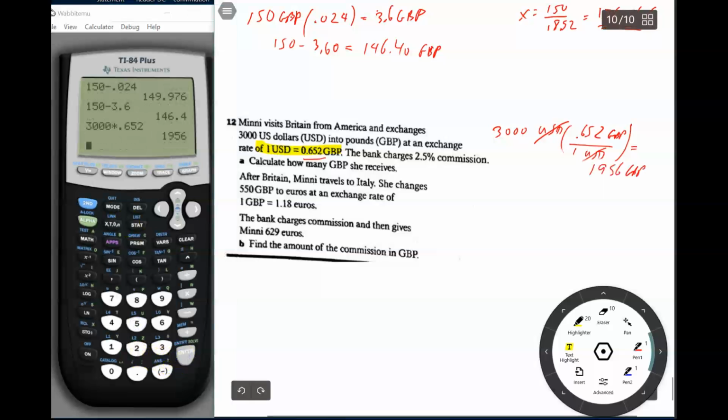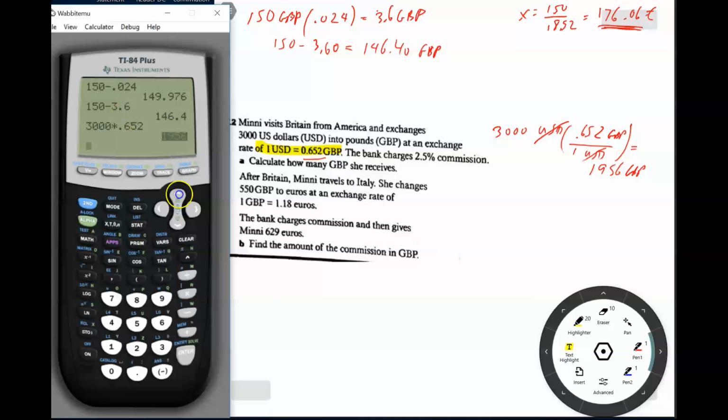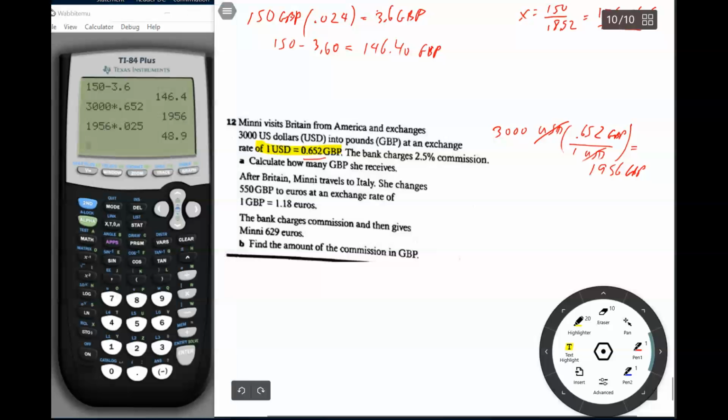And then I'm going to subtract off a 2.5% commission, times 0.025, because I multiplied 2.5 times 0.01 to convert it into decimal. That gives me a commission of 48.9.